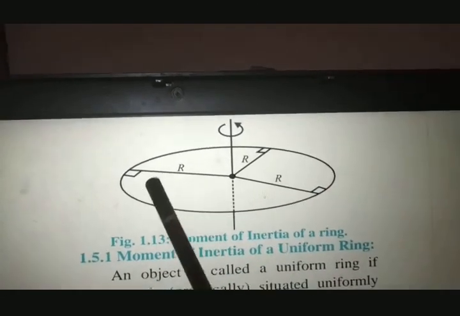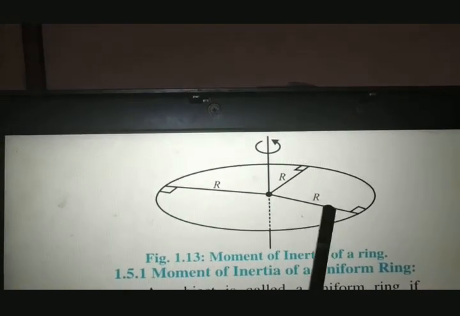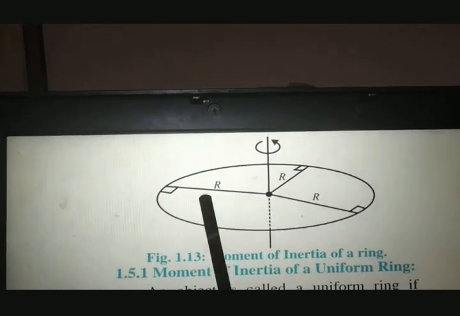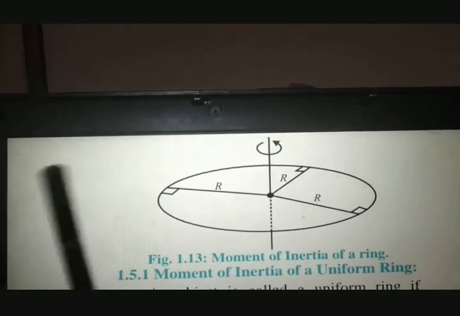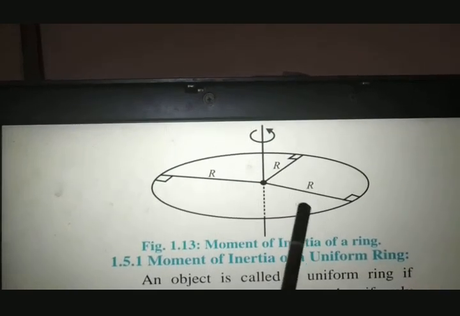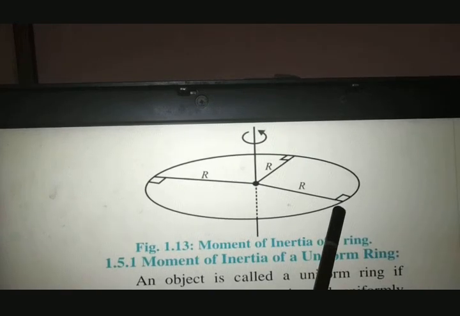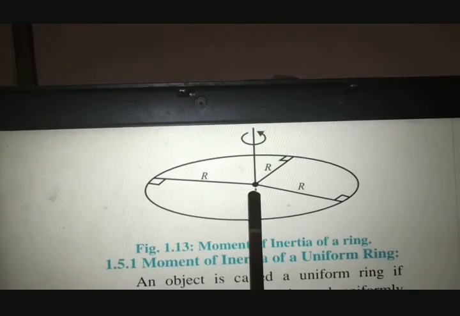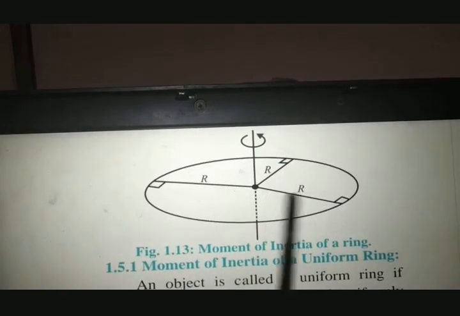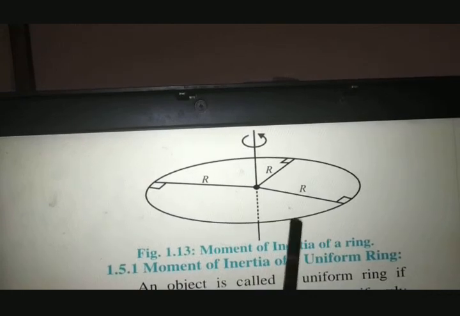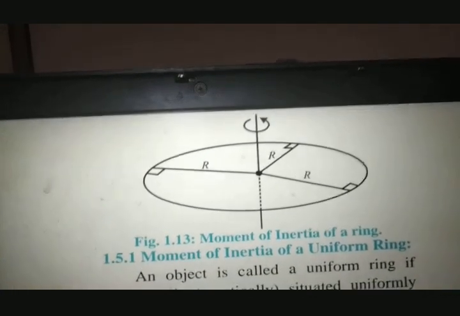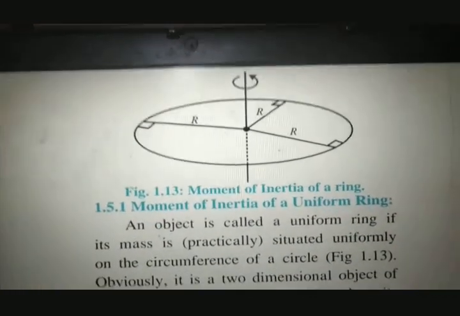If you consider a particle over here or here or here, all are at an equal distance, say r, that is the radius of the ring. The distance from the axis of rotation to the particle is r, and even on the other points it is the same distance r, because the ring is uniform.